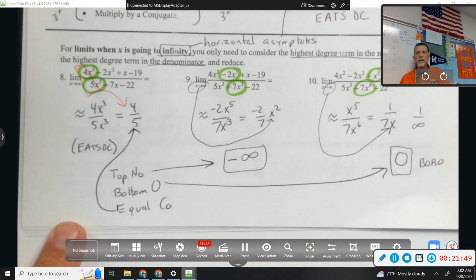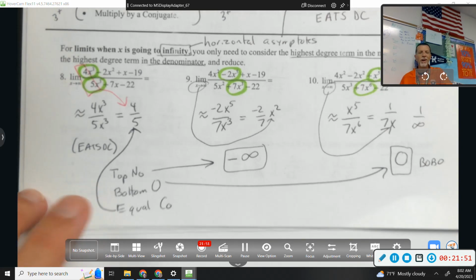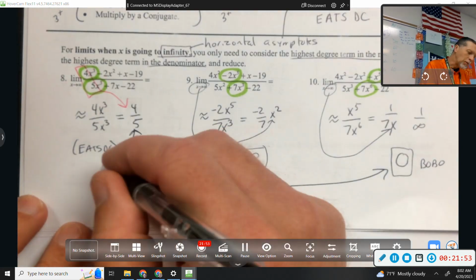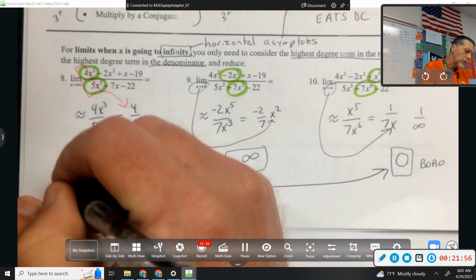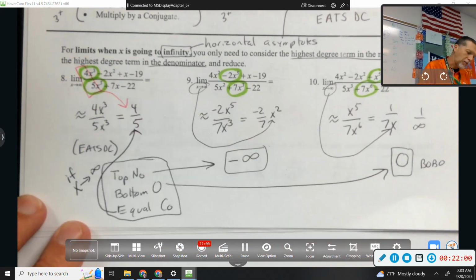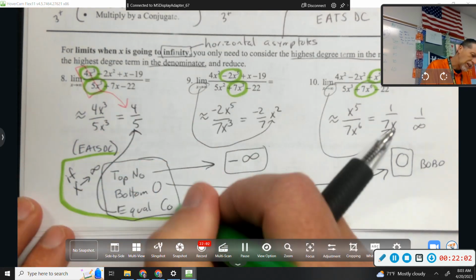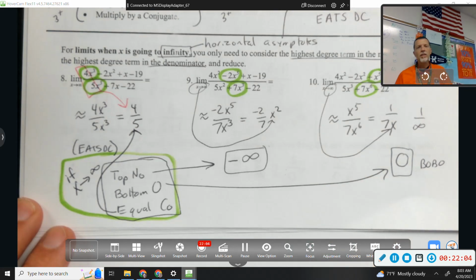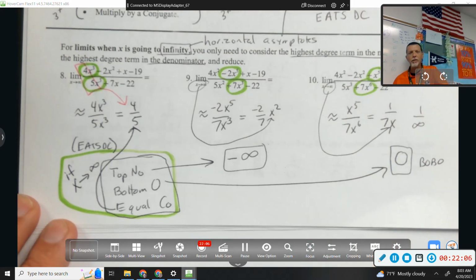The trouble with top no, bottom O, equal co is that people will memorize that and they don't memorize when to use it. It's only if x is going to infinity. So I should box that in as part of the saying. So if you like top no, bottom O, equal co, that's fine, but please only use it as x goes to infinity.